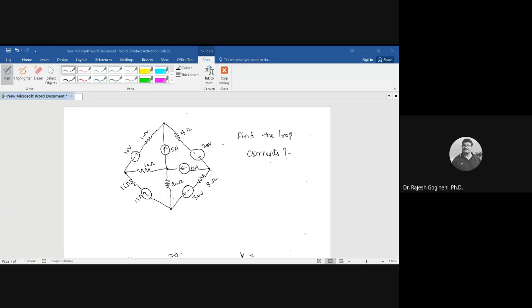Is it required to apply KVL to all the loops to find the loop currents?